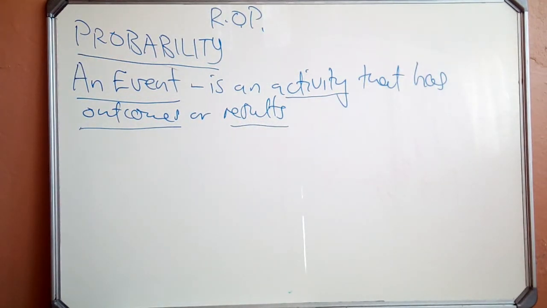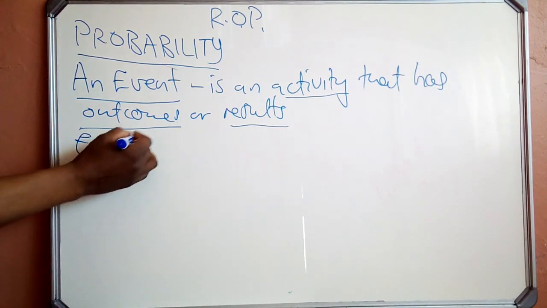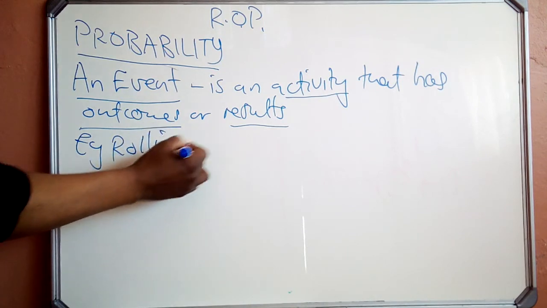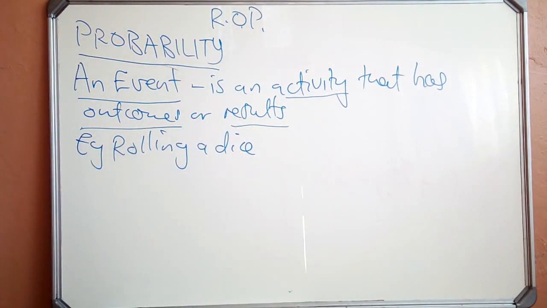Let me give an example. Let's say we look at rolling a dice. We know that a dice has 6 sides. If you roll a dice, what are the chances that an even number on the dice is the event given?